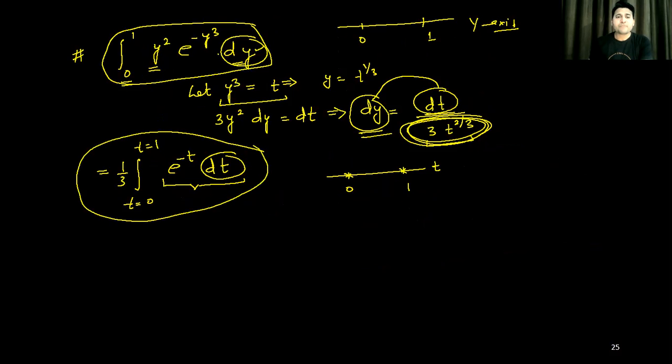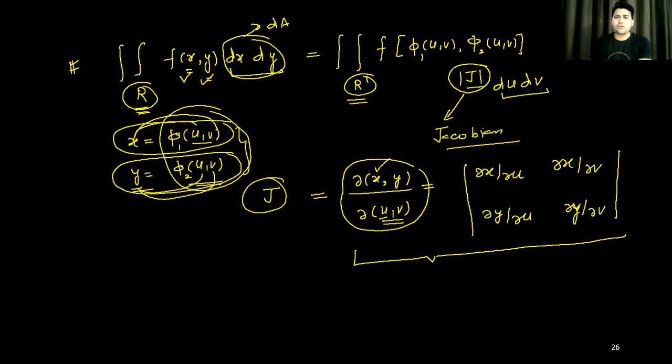You can see the complexity of the question now will decrease. It's too easy to solve this integral in comparison to the given integral. So the same thing we are doing over here: when we are changing the variable, we are trying to reduce the complexity of the given integral.